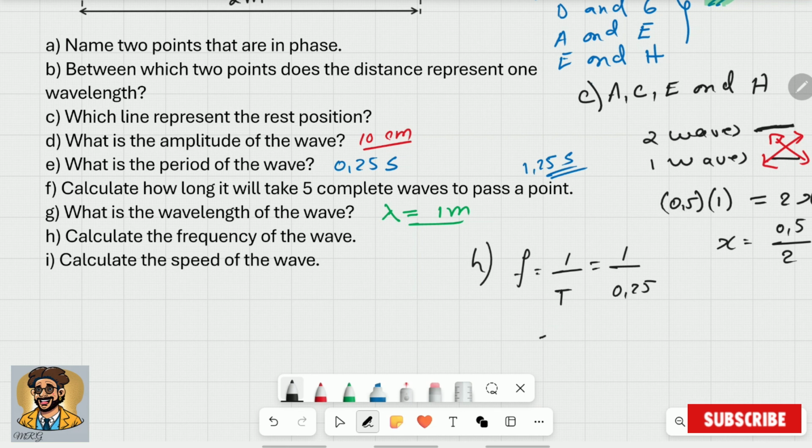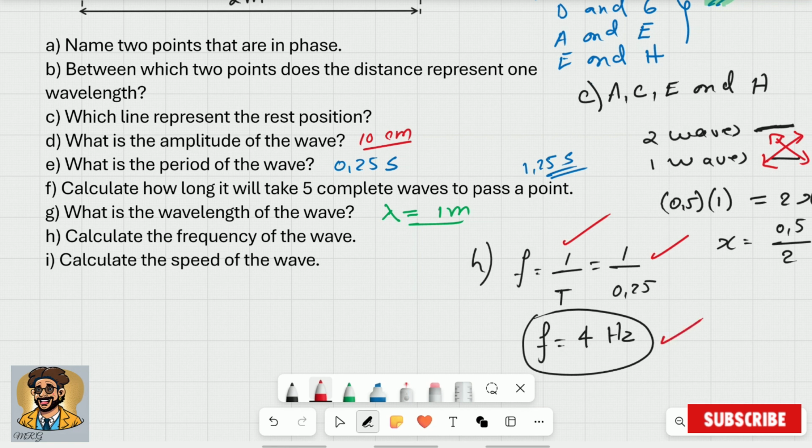Frequency is equal to 1 divided by 0.25, which is 4. The unit is hertz. We are done. If you do this one in the test, it will be 1 mark for the formula, 1 for the substitution, 1 for the answer.